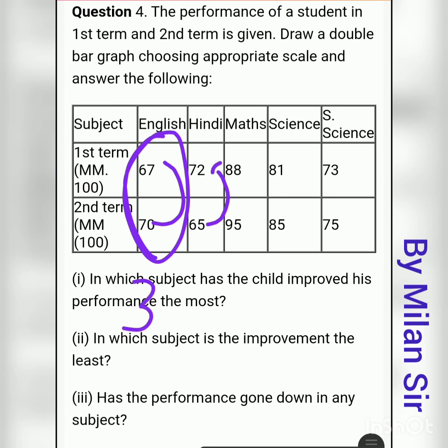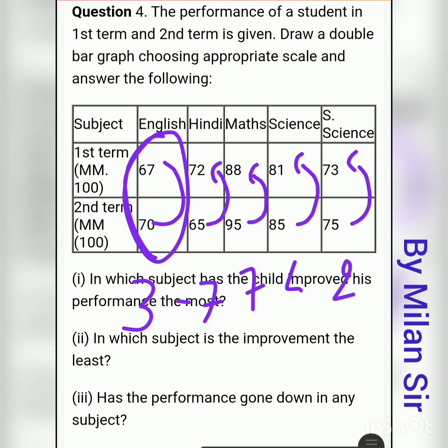Here 65 minus 72, so minus 7. That means here the performance does not improve but decreases. Here the difference is 95 minus 88, 7. 85 minus 81, 4. 75 minus 73, 2.